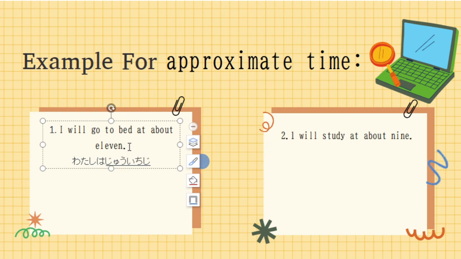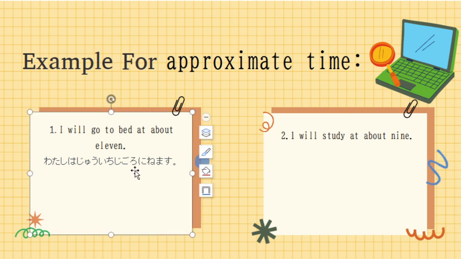Instead of ni, we use goro because this is approximate. So that is for approximate time. If it is not approximate time, you will use the ni without the goro.